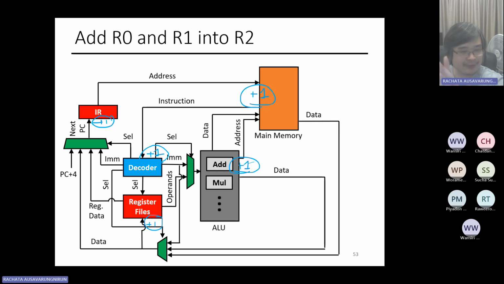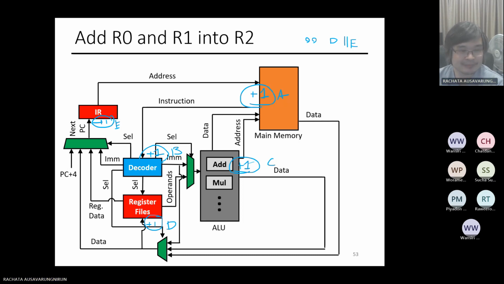So let me ask you a quick thought question. Let's say this is action A, action B, action C, action D, and action E. My question is, can I do D and E in parallel? Can I do them together at the same time in one cycle?